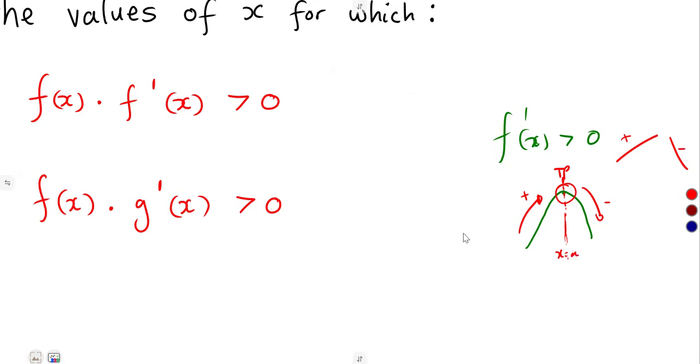But f of x is a function on its own without the derivative. When we are comparing f of x to values that are greater than 0 or equal to 0, what we consider will be the x-intercepts.